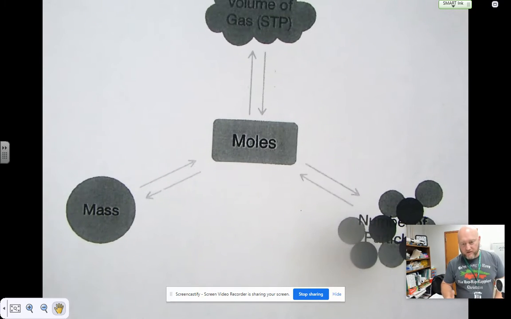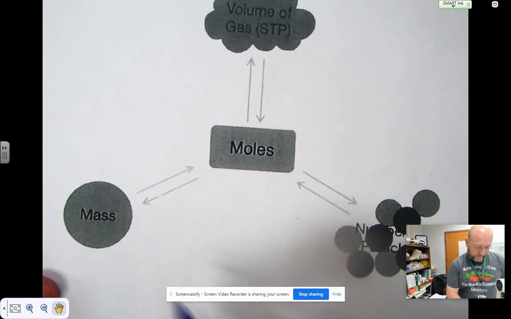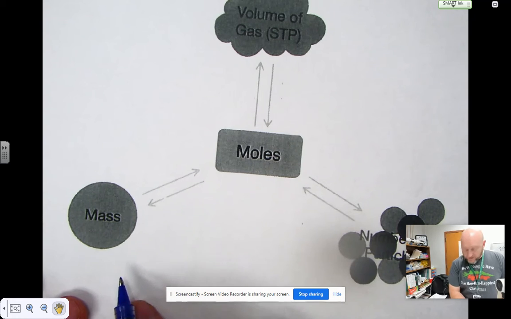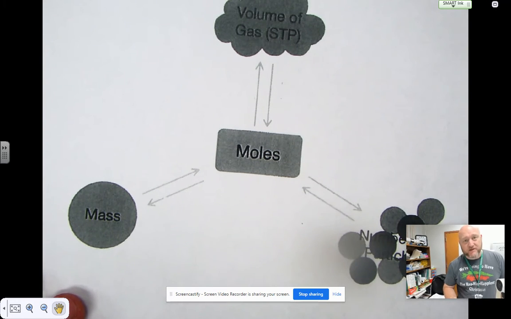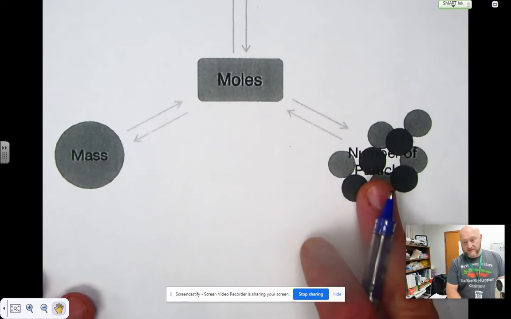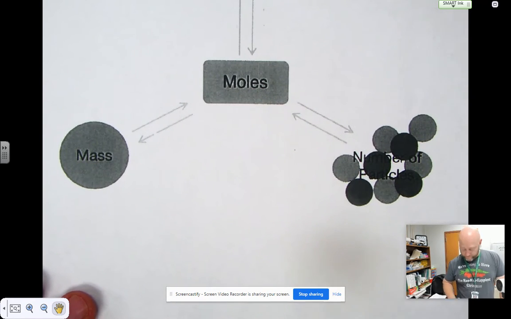Some of the calculations are a little bit tricky in terms of setting them up. This might serve as a visual to help with that. If we start with mass, for example, you're given 16 grams of something, and you want to find out how many moles it is, or perhaps how many particles it is. In this case, usually we're talking about atoms.